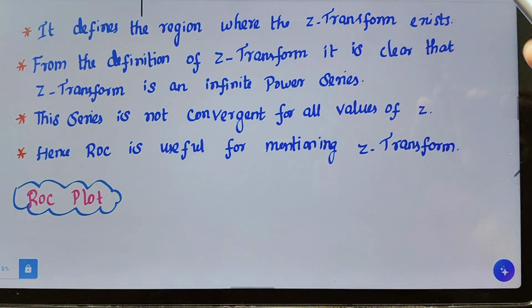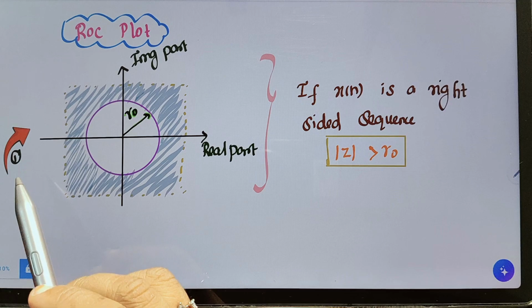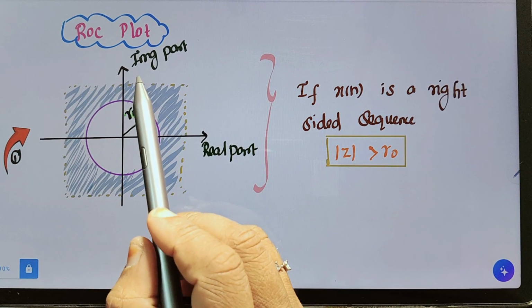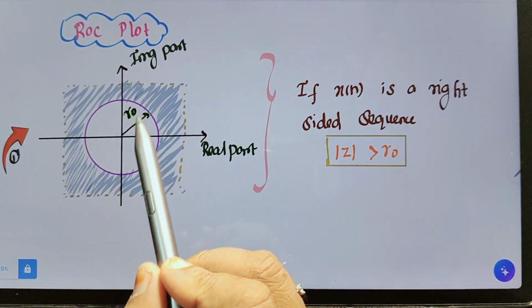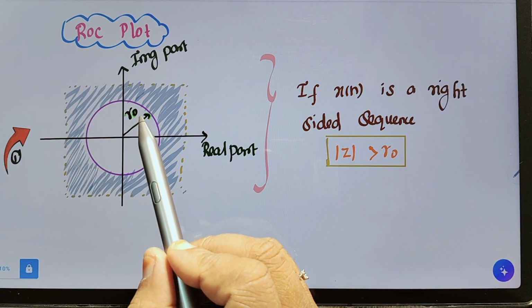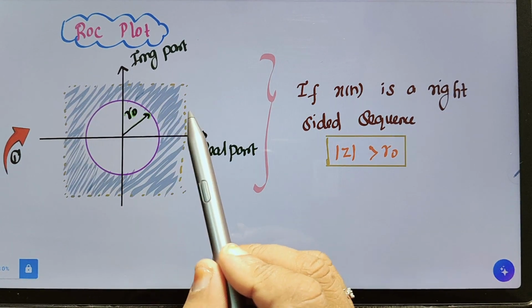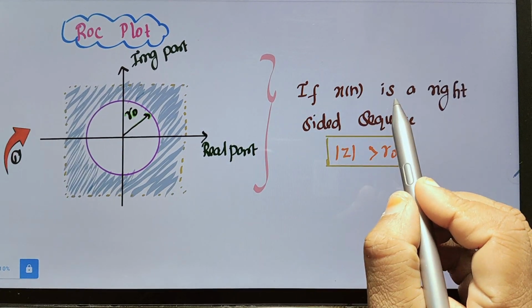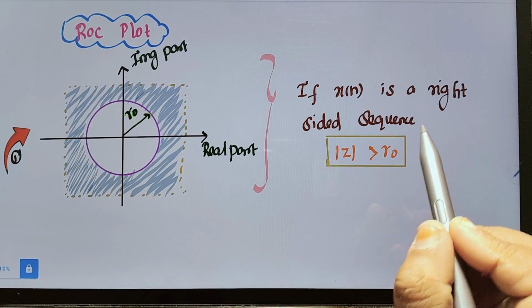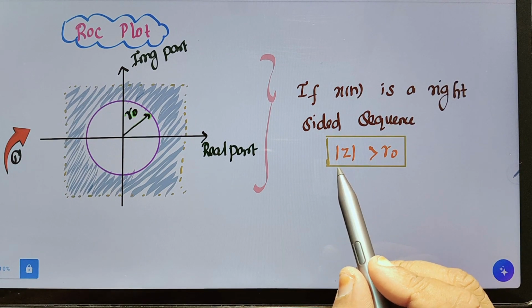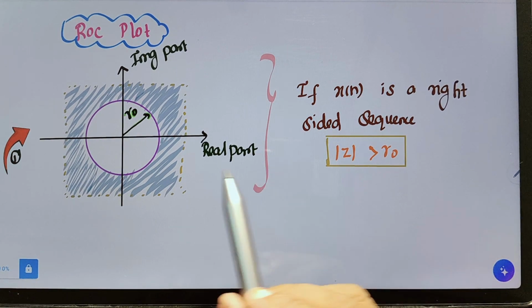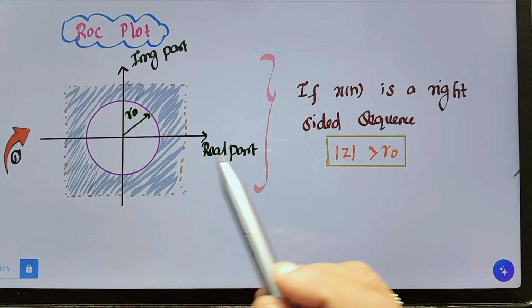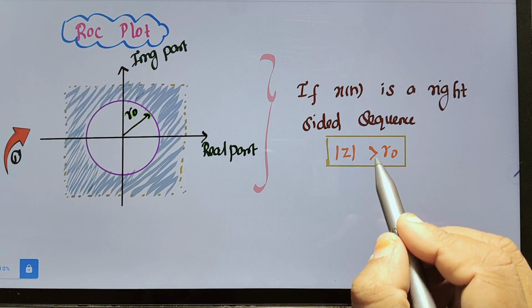Next, see the ROC plots one by one. First one, the same diagram: real part on the x-axis, imaginary part on the y-axis. This is a unit circle; the surrounding area is the Z plane and the inner part is the ROC plane. If x of n is a right-sided sequence, the shading is based on the Z transform.